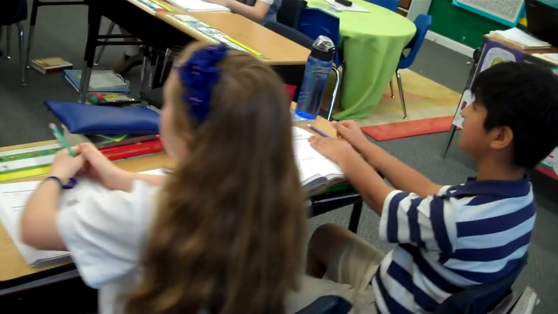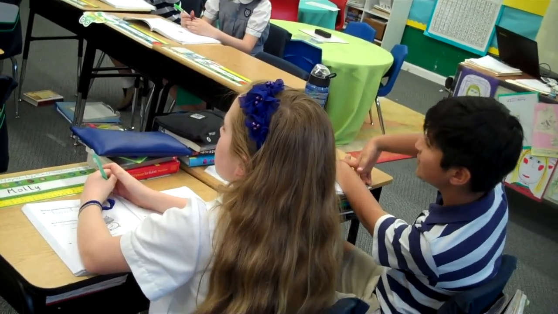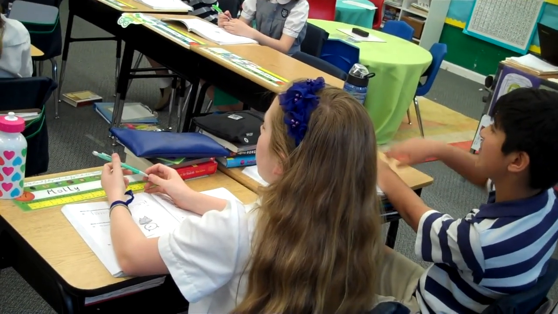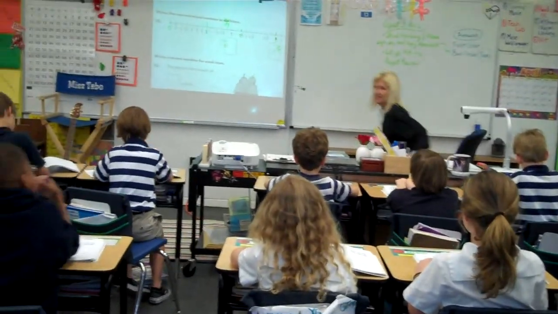Let's name it though. 1, 2, 3. Eyes on the T. I meant 1, 2, 3, name it. 2 and 6 sevens. Again. 2 and 6 sevens. Okay, now I need the improper one.